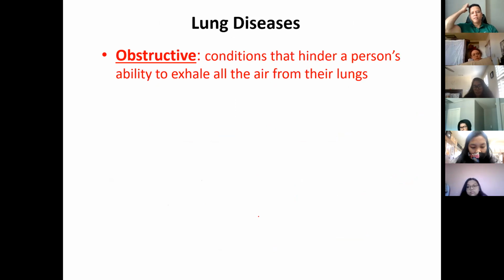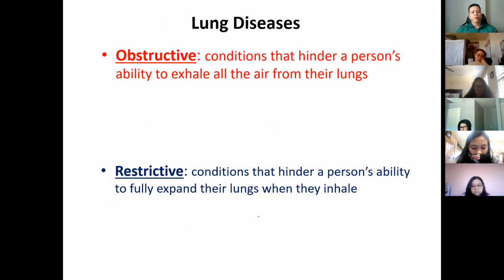A couple of lung diseases here that I want to talk about. One of them is a group of diseases that we call obstructive lung diseases. Obstructive lung diseases are conditions that hinder the person's ability to exhale completely, okay? So they have no real problem inhaling, but when they exhale, they can't fully let the air out.